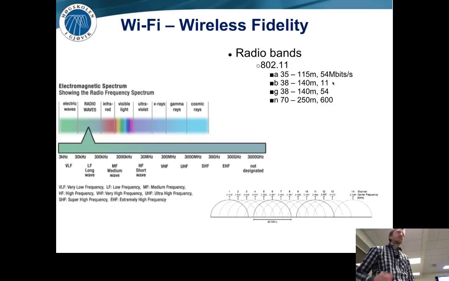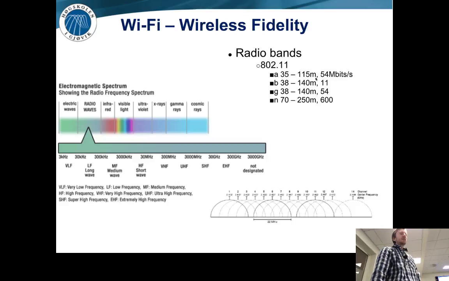Better range. Exactly. So if you have the device next to a router like this, then you can potentially get 54 megs. If you walk a little bit away, you will never get 54, right? The range was really small for the A standard, and the actual effective data transmissions you could get were lower than 11, right?